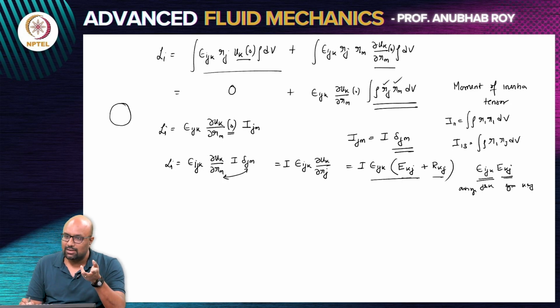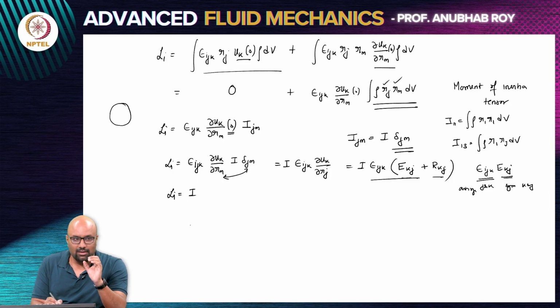And we have learnt that when we do this exercise of a double contraction of an anti-symmetric tensor with a symmetric tensor, the eventual product would be 0. So, the angular momentum for that differential sphere that we have, the infinitesimally sized sphere that we have, is I epsilon_ijk R_kj.